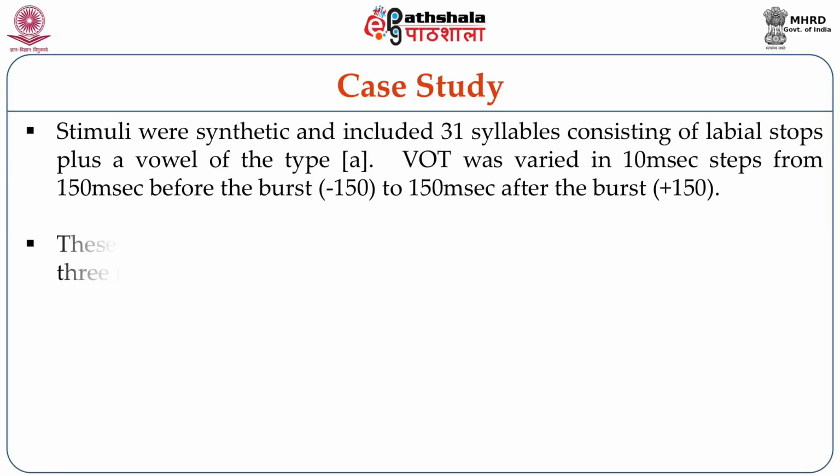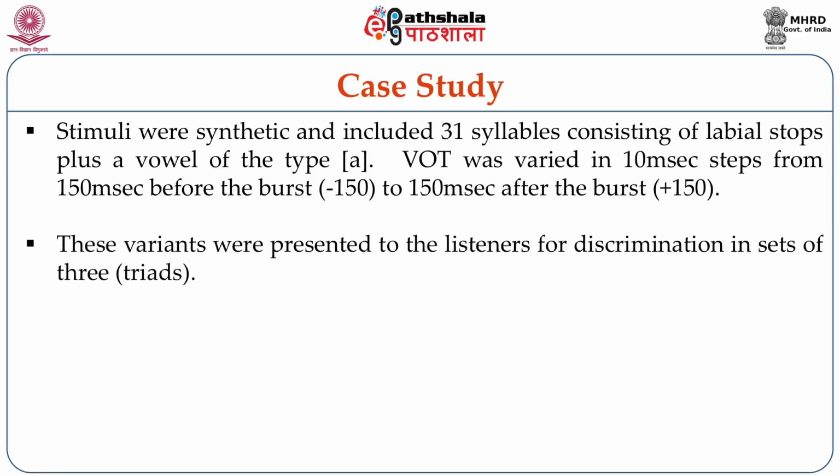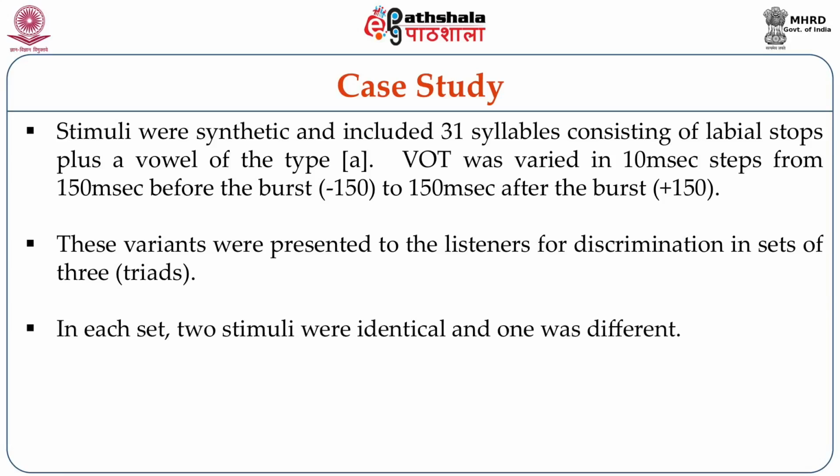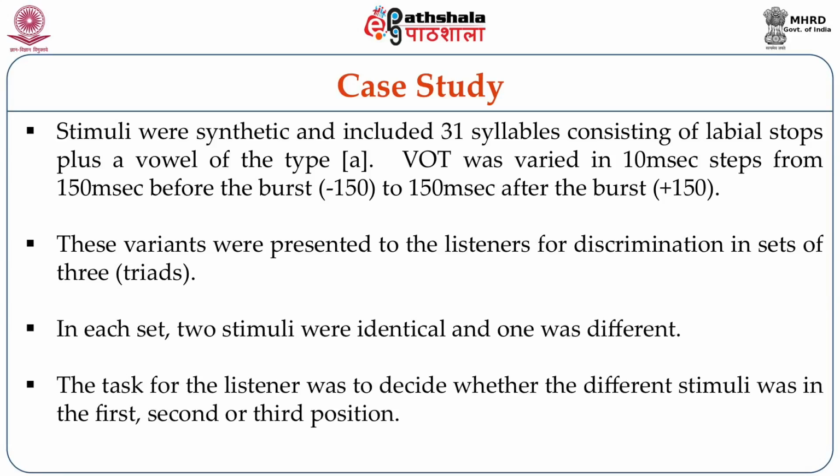These variants were presented to the listeners for discrimination in sets of 3, also called triads. In each set, 2 stimuli were identical and 1 was different. The task for the listener was to decide whether the different stimulus was in the first, second, or third position.